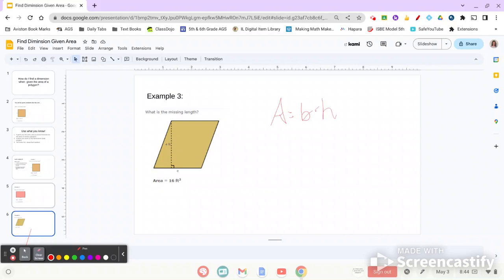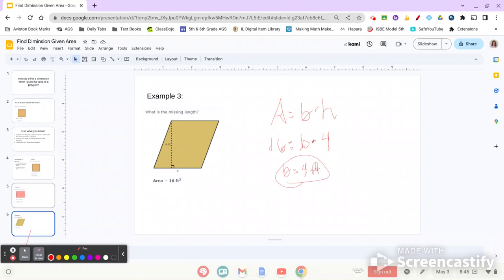Substitute in what we know. 16 equals the base, which we do not know, times 4. So now we have to figure out what number times 4 equals 16, or we could always do 16 divided by 4 to get our answer of B equals 4 feet.